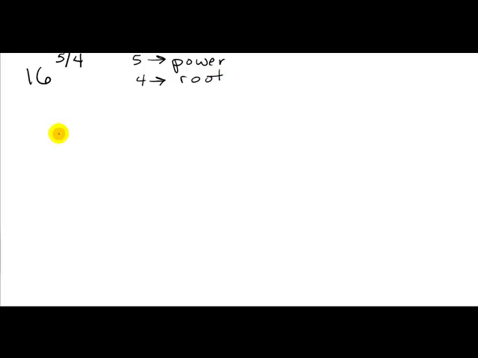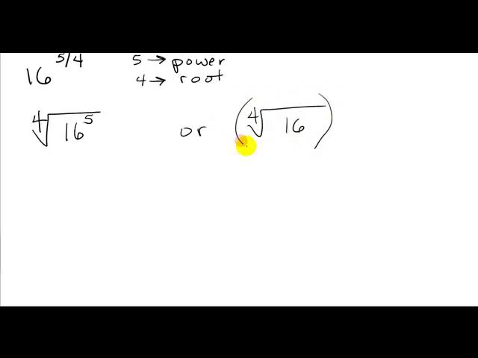So you have two ways to write this. You can write it as the 4th root of 16 to the 5th power, or the 4th root of 16 and then take all of that to the 5th power.